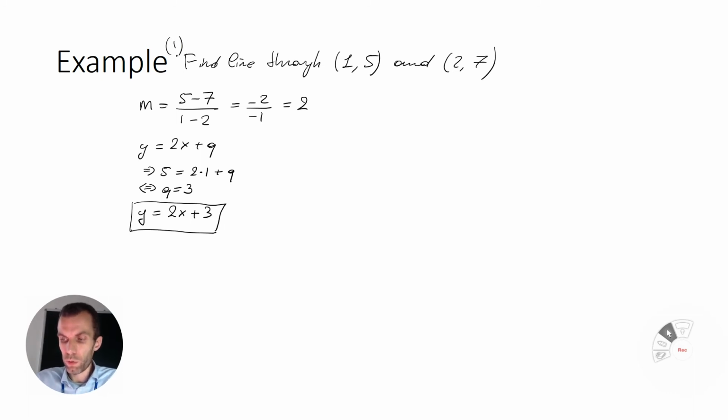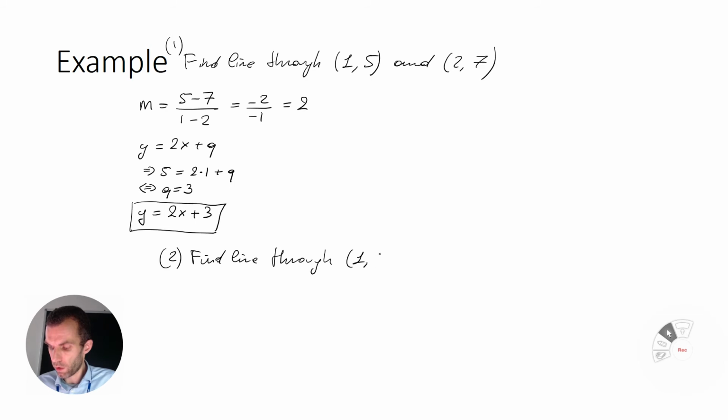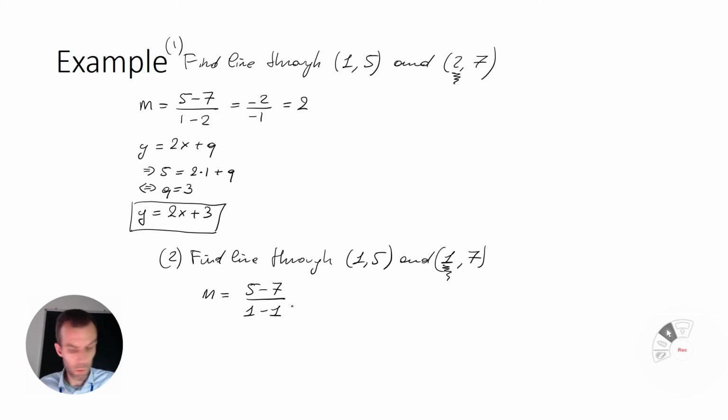So let's do a quick other example. Let's find the line now through (1, 5) and (1, 7). So I'm changing the x-coordinate of this point here. And now if we calculate the slope, we get the difference of the y values, 5 and 7, over the difference of the x values, and we see here negative 2 over 0.